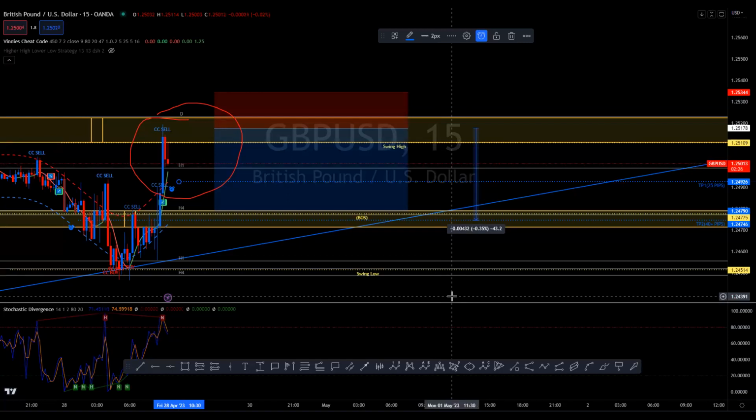Looks like price is ready to push down. So we're about to be approaching 2 minutes left. So we got 2 minutes left.